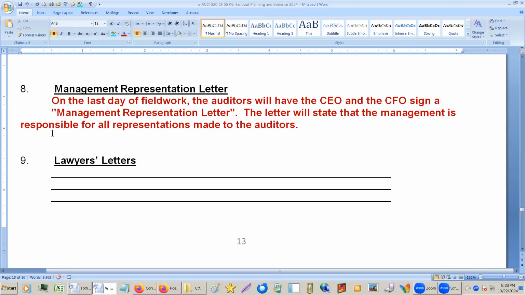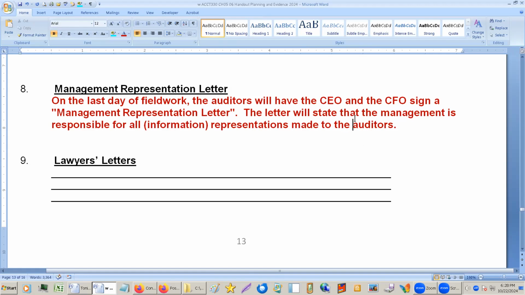Management is responsible for all representations made, for any information. So then you take responsibility.